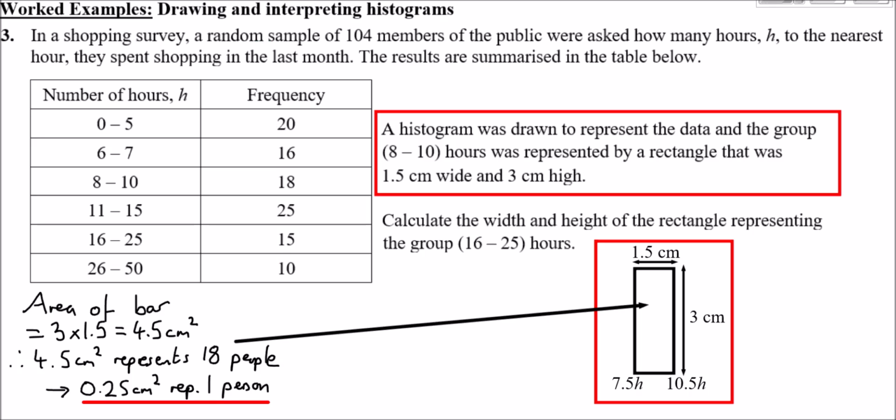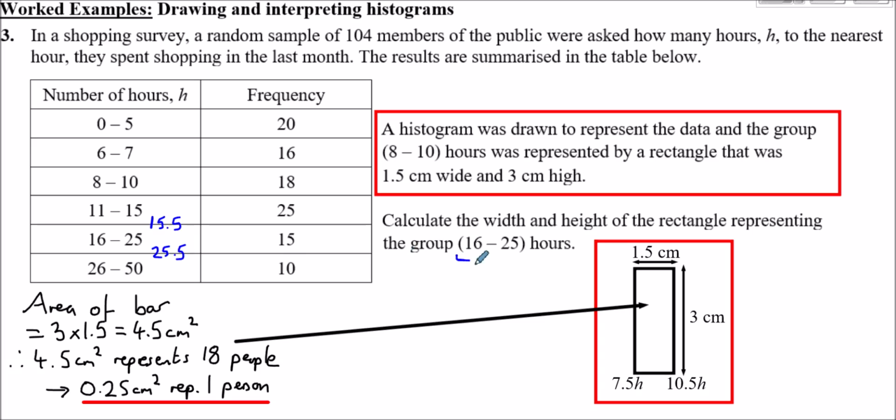As well as this, we can work out the width of this 16 to 25 hour bar. From 16 to 25 hours, that's going to be starting from 15.5, because that's the lower boundary, and the upper boundary is 25.5.